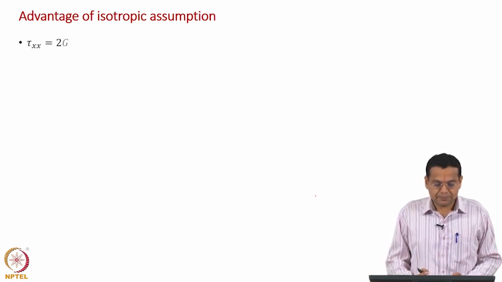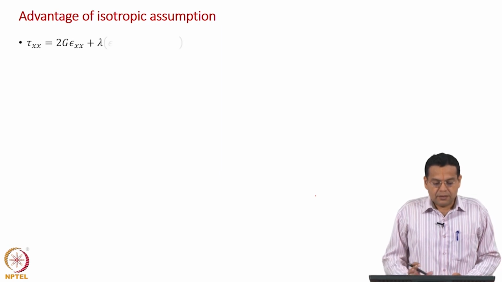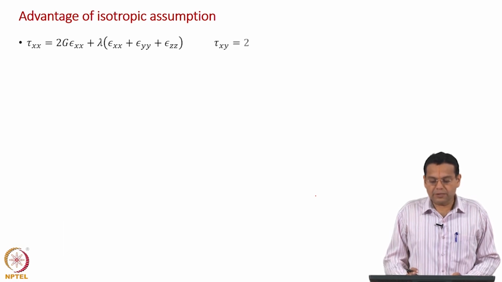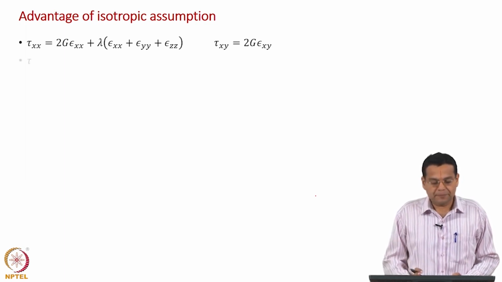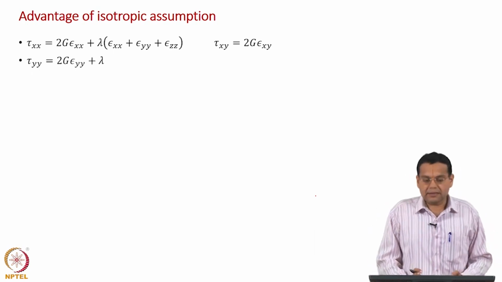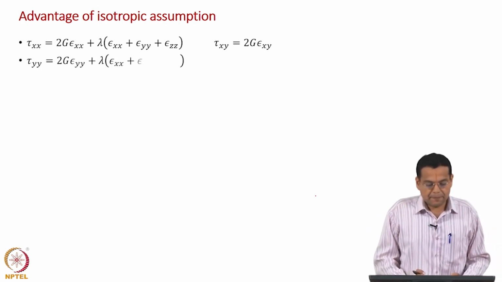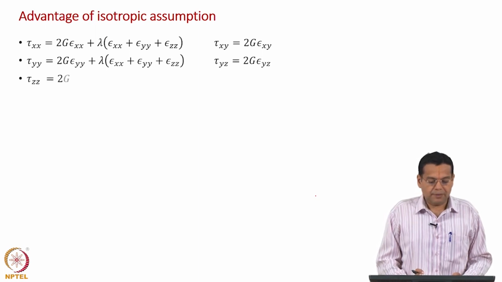Now, this is the equation relating tau xx to the normal strain, tau xy to the shear strain. Similarly, let us write down the equations for the other directions as well, and of course for the third direction as well.